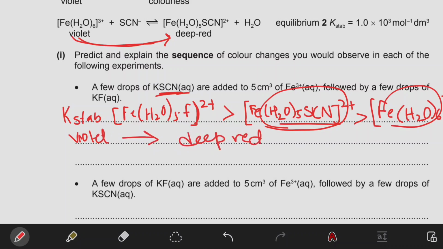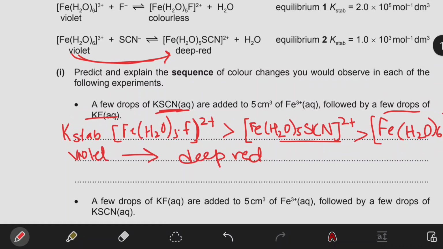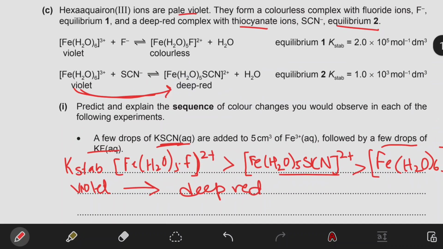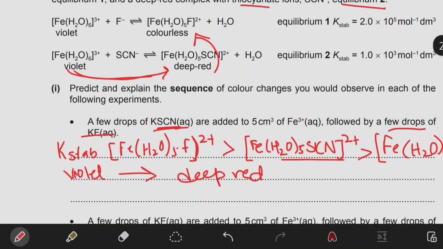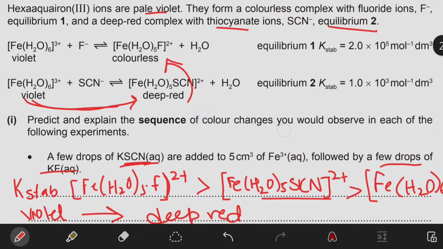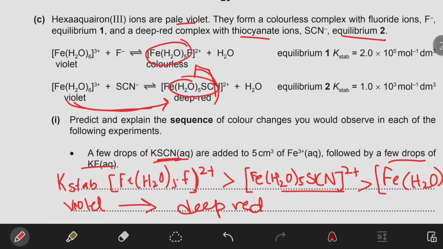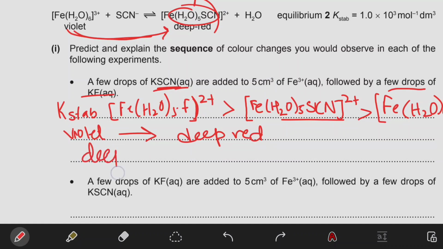And what will happen when a few drops of KF are added? Then the color would change from deep red to colorless. How? Because the K stab of this complex is greater, it is more stable than this, so obviously the color would change. Okay, so deep red to colorless.